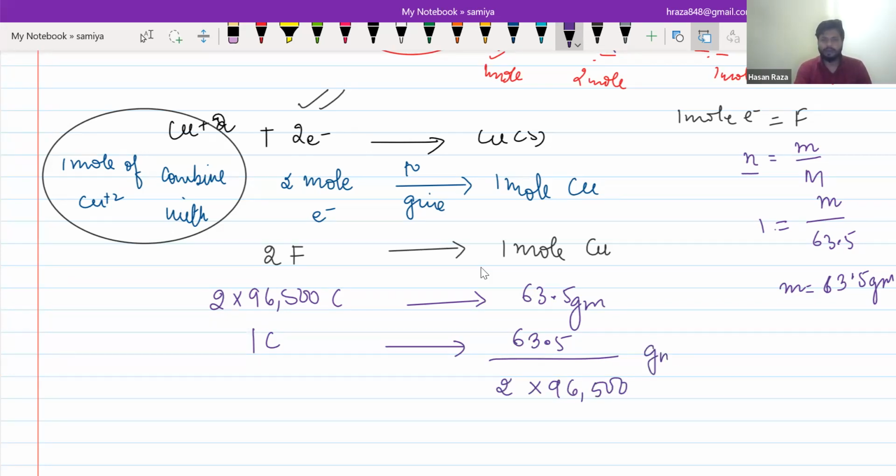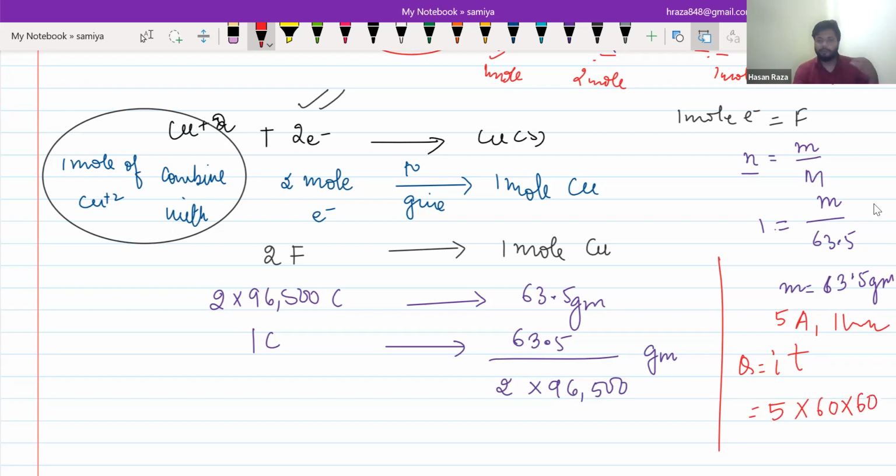This is the unitary method. But we need to calculate for 5 ampere and time is 1 hour. So if you are going to calculate charge, Q is equal to I into T. Current is 5 and the time we need to calculate in seconds, so 60 into 60. So the charge will be 5 into 60 into 60 coulomb.